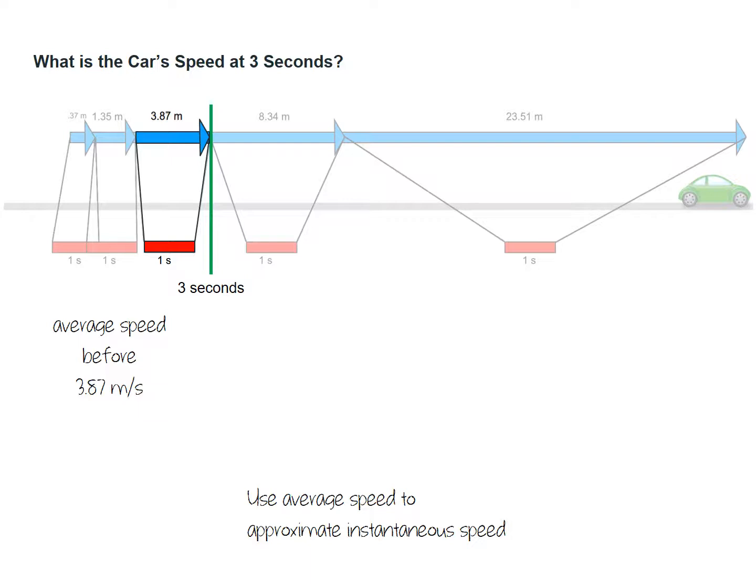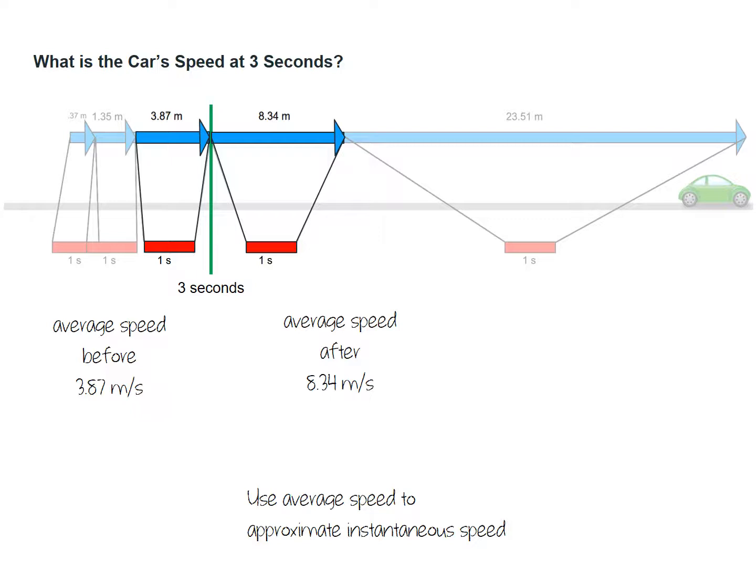Then we can also find the average speed right after the 3-second mark. Using this interval, we can find the average speed immediately after the 3-second mark as 8.34 meters per 1 second. Since the car is speeding up, the speed of the car before the 3-second mark is less than the car's speed right at the 3-second mark.